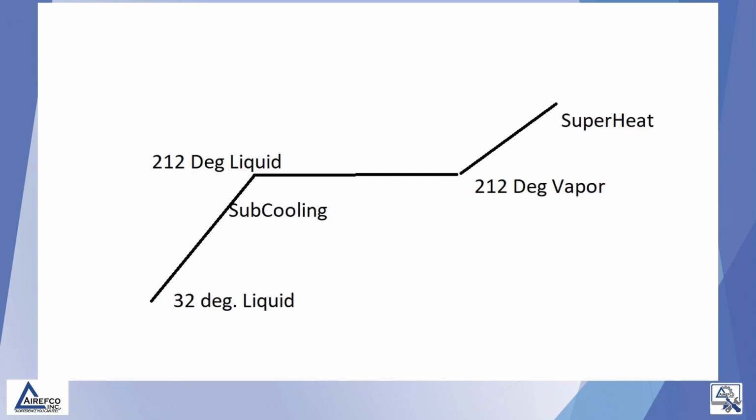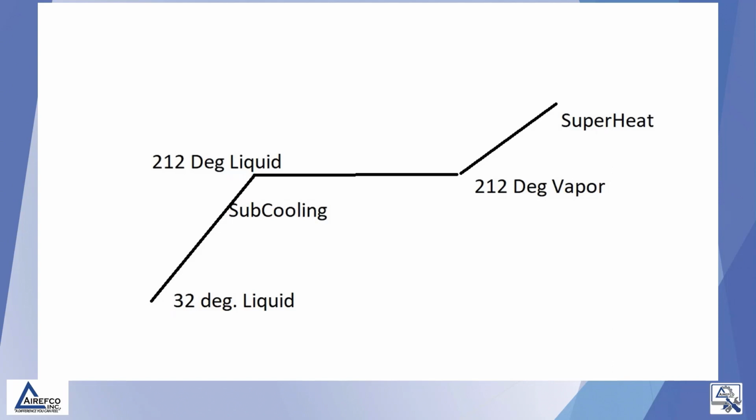Keep in mind when we're talking about bubble and dew point that you remember the chart where we talked about 32-degree liquid, and we heat it up and it becomes 212 degrees liquid. Then we continue with latent heat that turns the liquid into a vapor, and it's still 212 degrees.